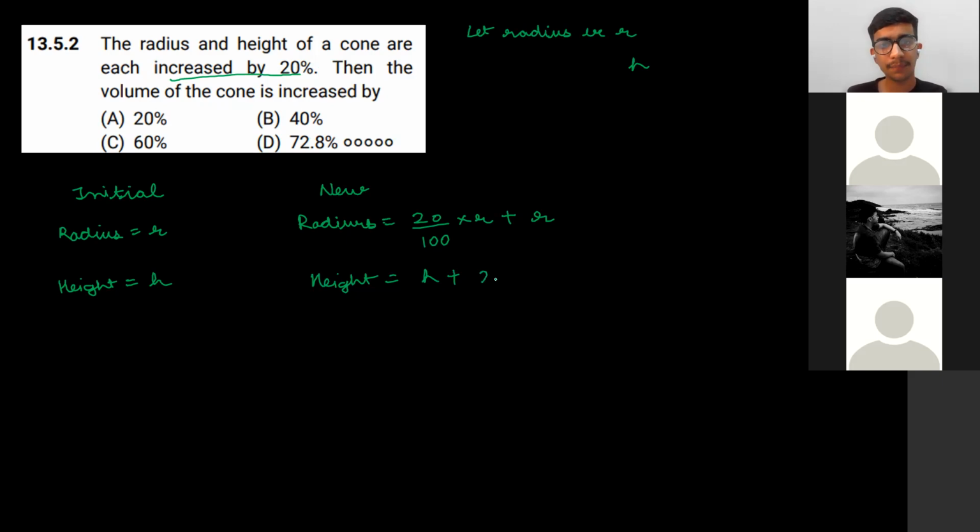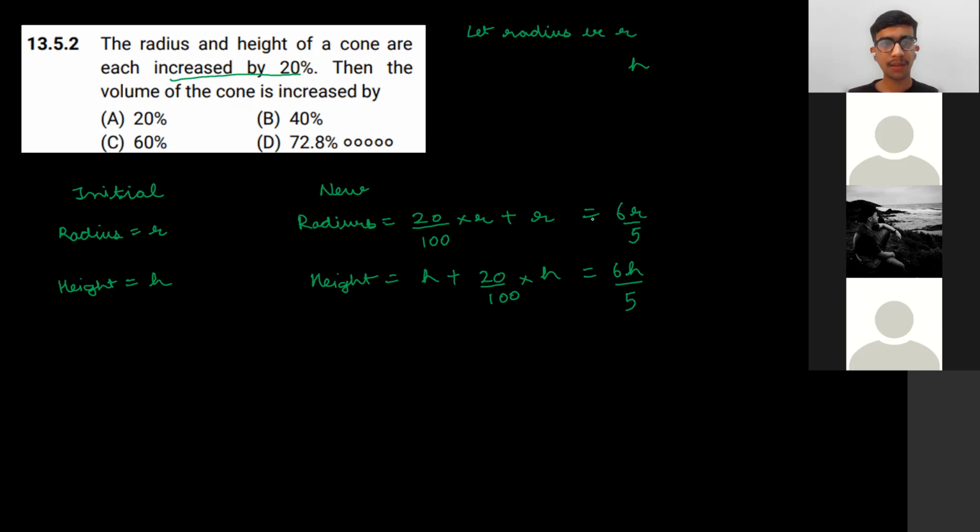So original height plus 20% of the height. Does anyone have any doubt up to this step? No, sir. Okay, great. So this solves out to 6r by 5 and this solves out to again 6h by 5.